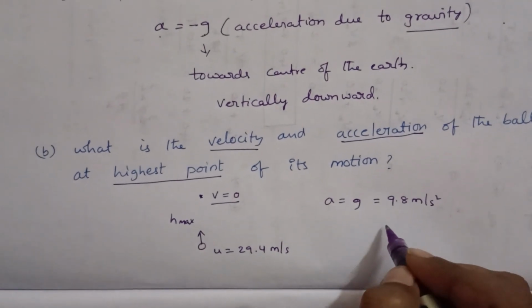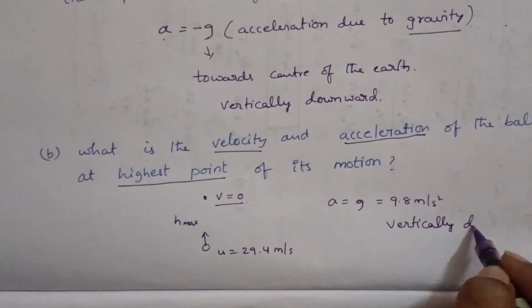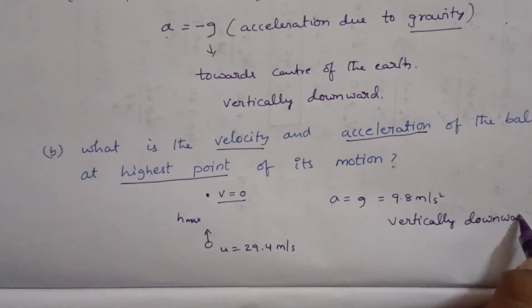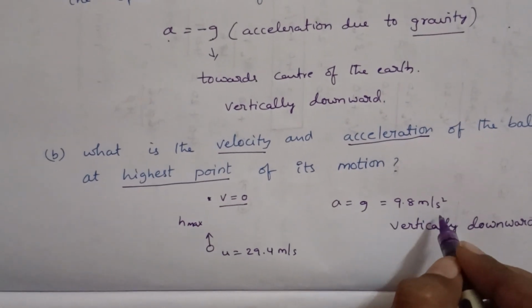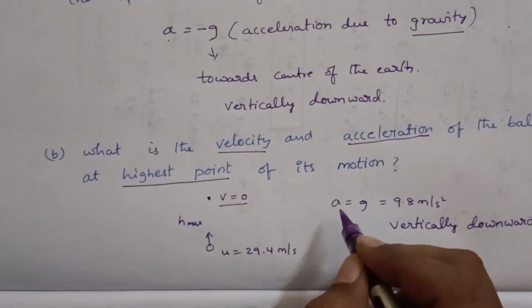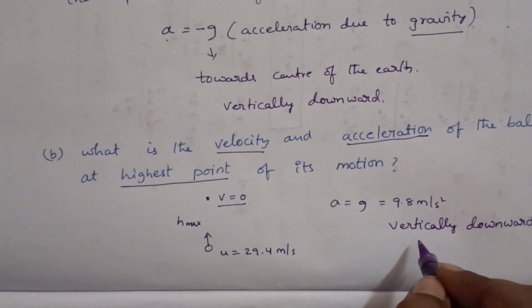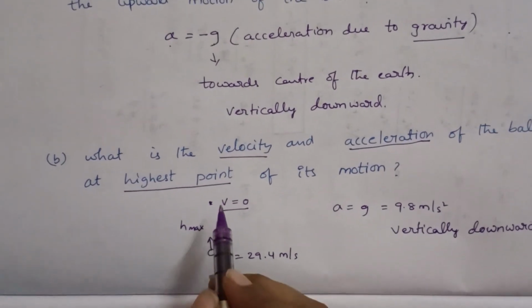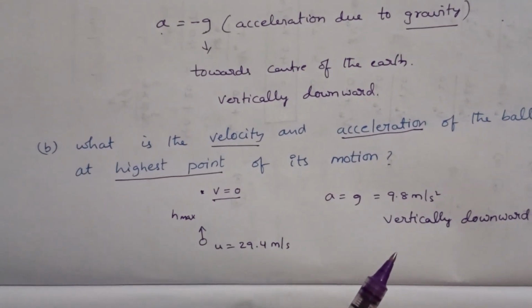Even at the highest point it is 9.8 meters per second square acting downward, and the velocity becomes 0.